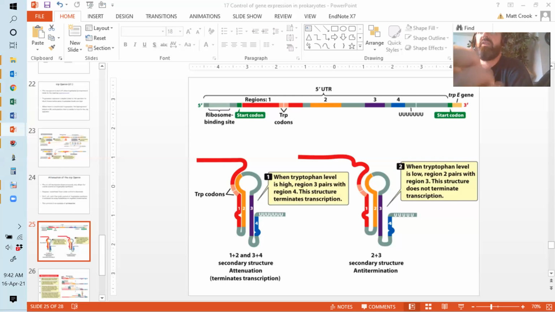Region 1 is translated and the ribosome moves onto region 2, preventing it from forming a loop with region 3, which equals region 3 and 4 form the terminator loop, which equals termination of transcription.